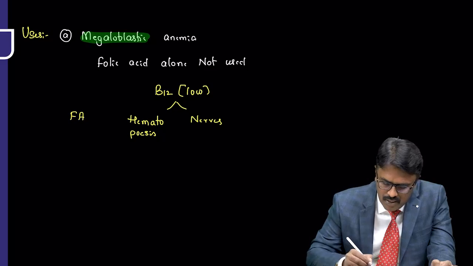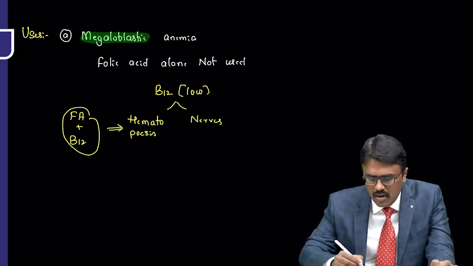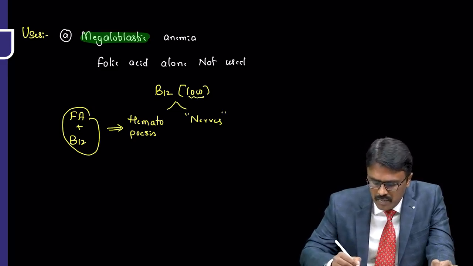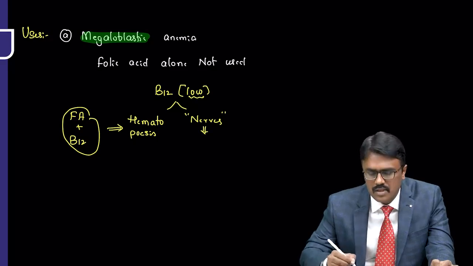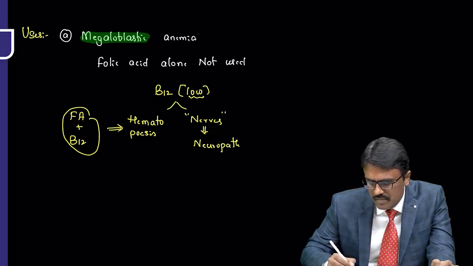The folic acid will divert the B12 towards the hematopoiesis. And whatever the low amount of B12 is diverted to that, the nerves will not have B12. So the patient will have the nerve symptoms, that is neuropathy and paresthesia. So the nerves will suffer.